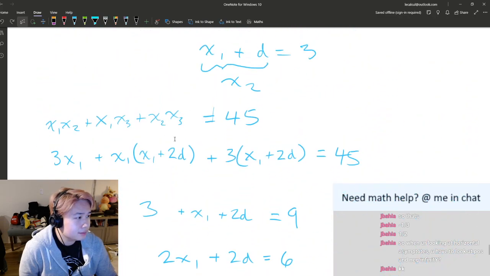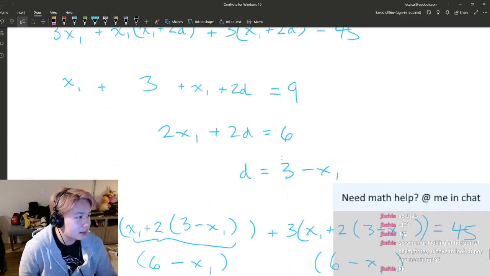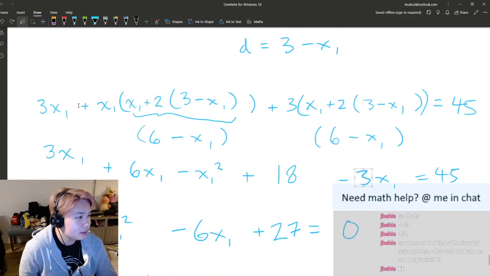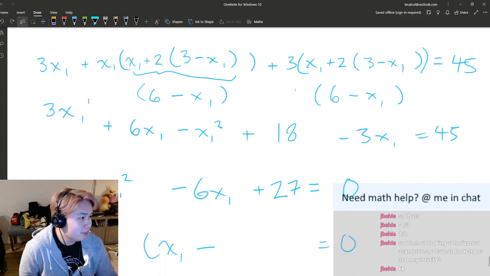So this and this here, and here. This is 6. These two are -2, but you plus 1, so it's -1. So you have this, this, 18 minus 3x.